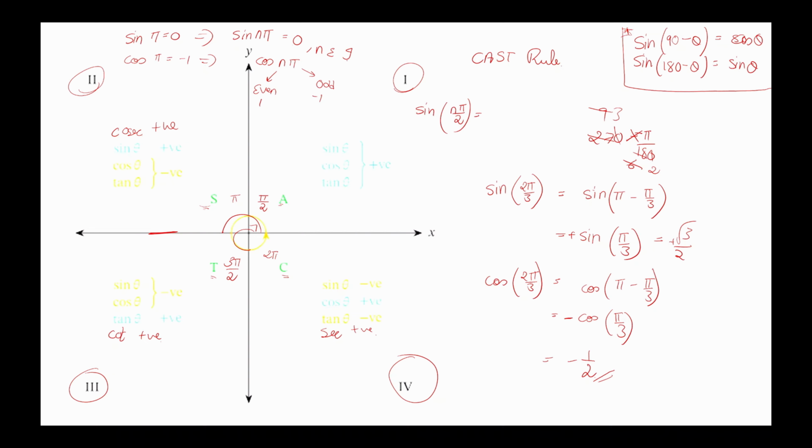For pi by 2, n is 1. When I have sine of 3 pi by 2, my n is 3. For 5 pi by 2, n is 5, and I would have 1 again. Whenever I take a full circle, my value repeats again.